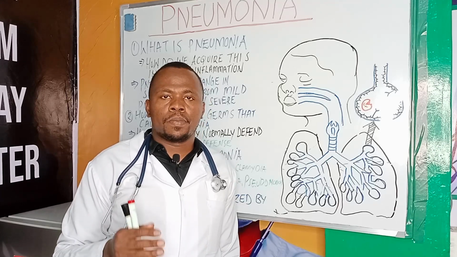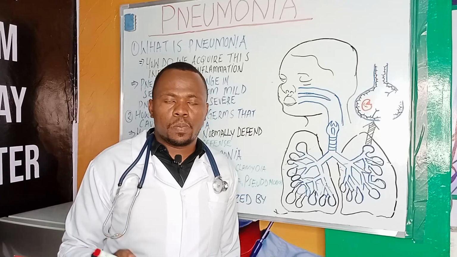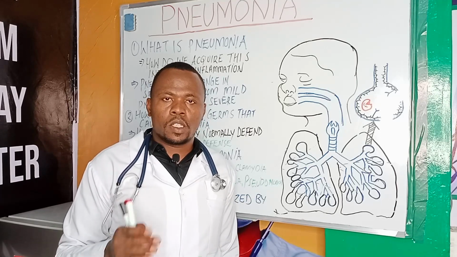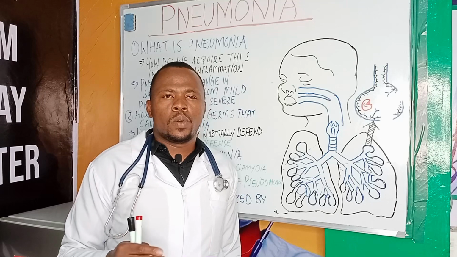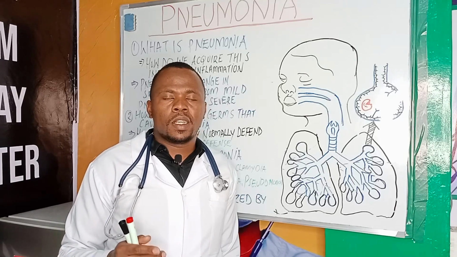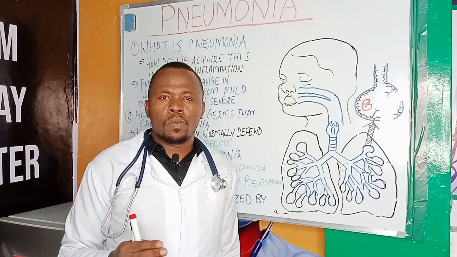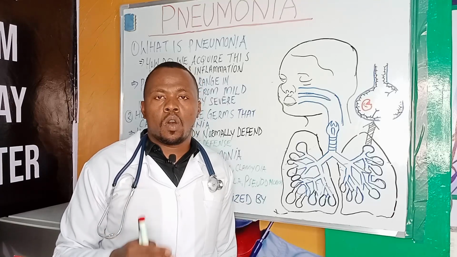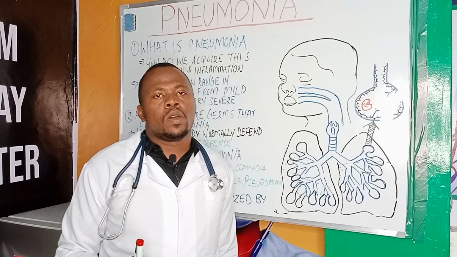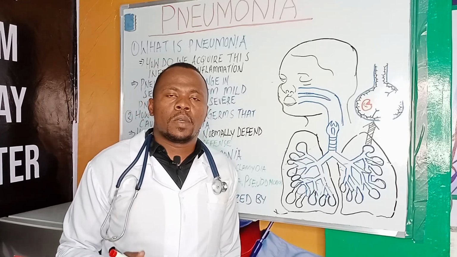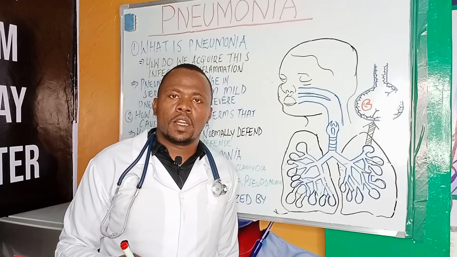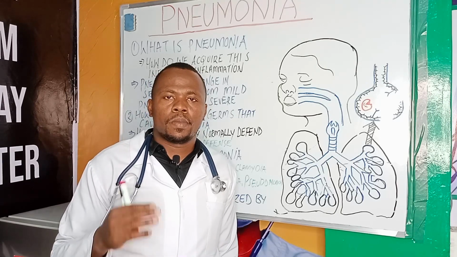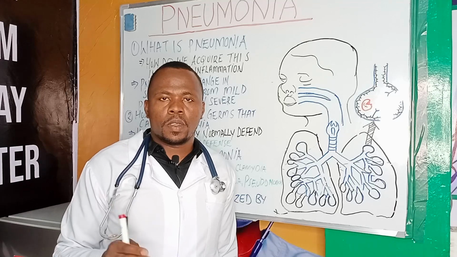When you have a rusty colored sputum, this means that your pneumonia has been caused by Streptococcus pneumoniae. When your sputum is green in color, this means that your pneumonia has been caused by a bacteria we call Pseudomonas or Haemophilus influenzae. When your sputum is red currant jelly-like, this means that your pneumonia has been caused by a bacteria we call Klebsiella.